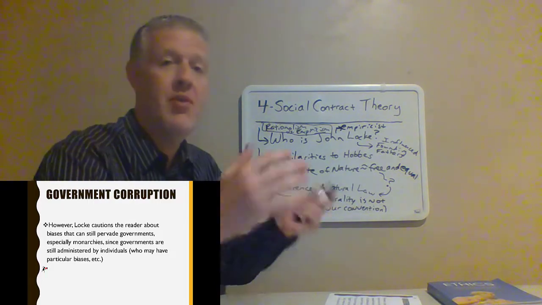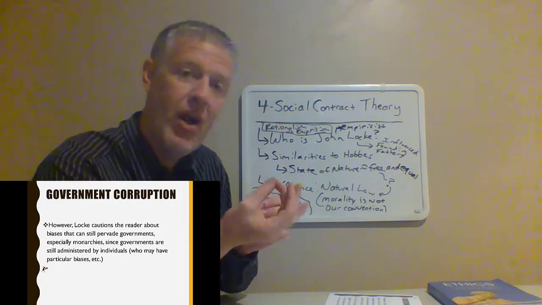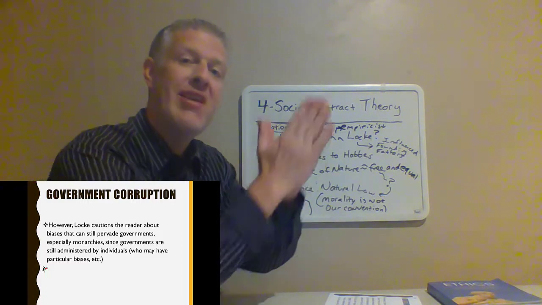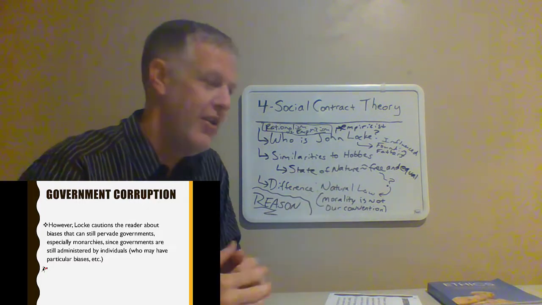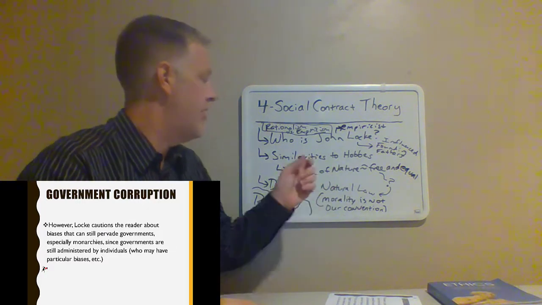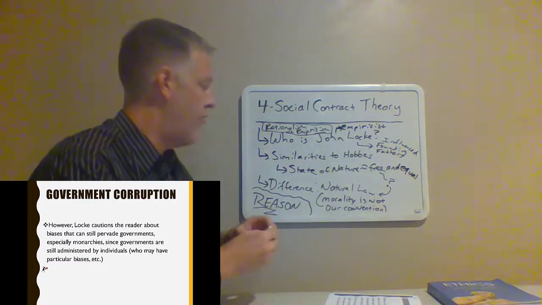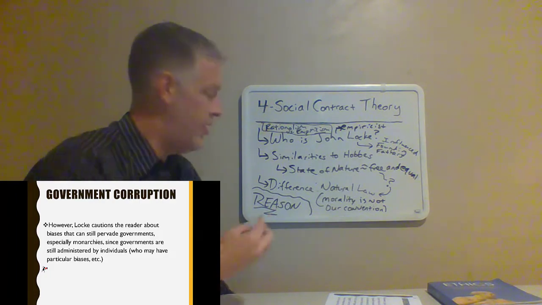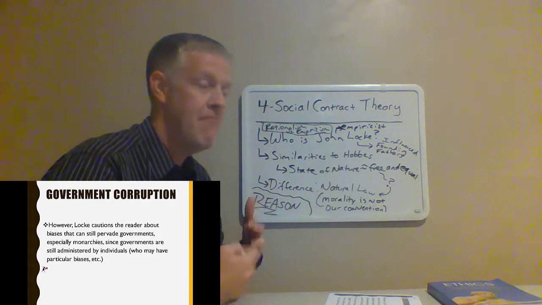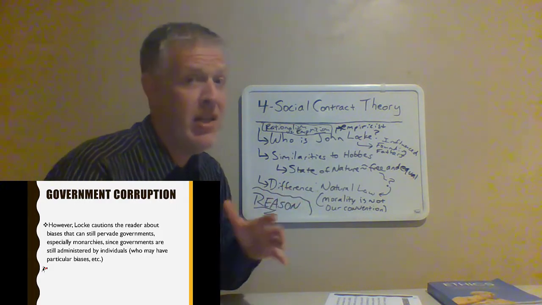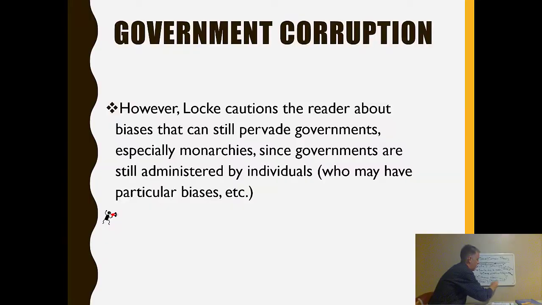For the same reasons we got out of the state of nature, because we're biased and so on, those same problems can creep into governments themselves. And so he immediately starts to warn his readers, be on the lookout. Yes, it behooves us to enter into a social contract, but whoever's running the show is human, and so they're susceptible to the same biases and the same types of corruption as well.